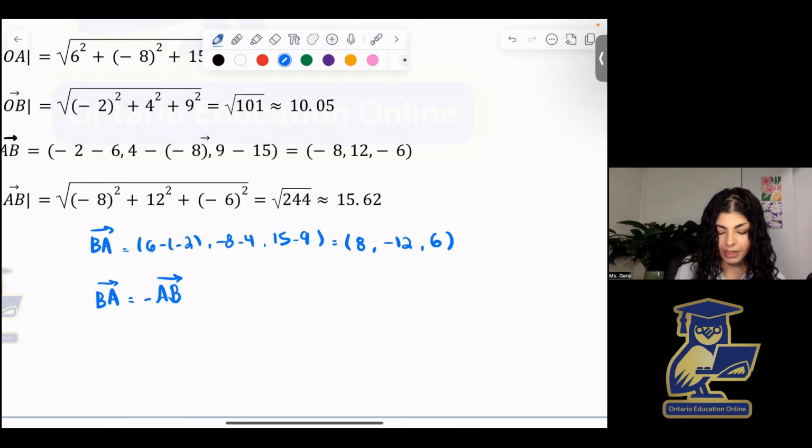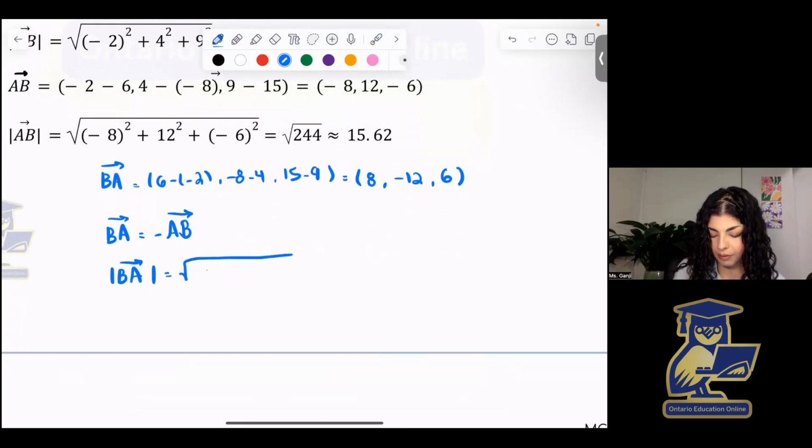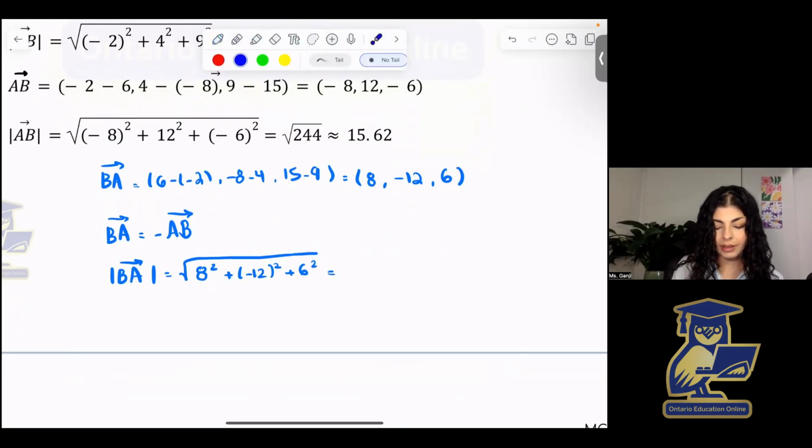Now, if I take the magnitude of BA, this is going to be square root of 8 squared plus -12 squared plus 6 squared. But because we're squaring them, these two are the same, these two are the same, and these two are the same.